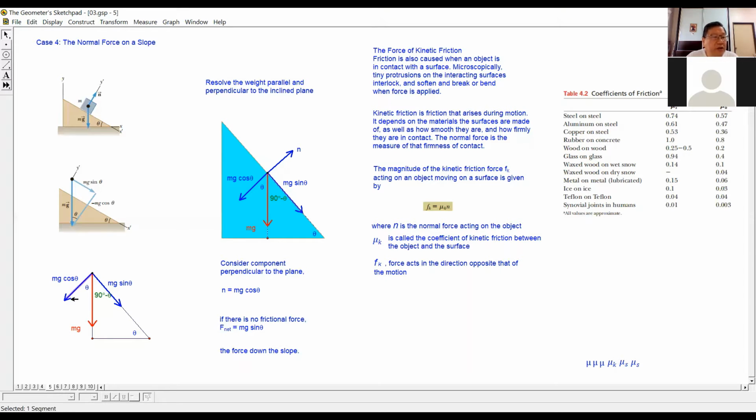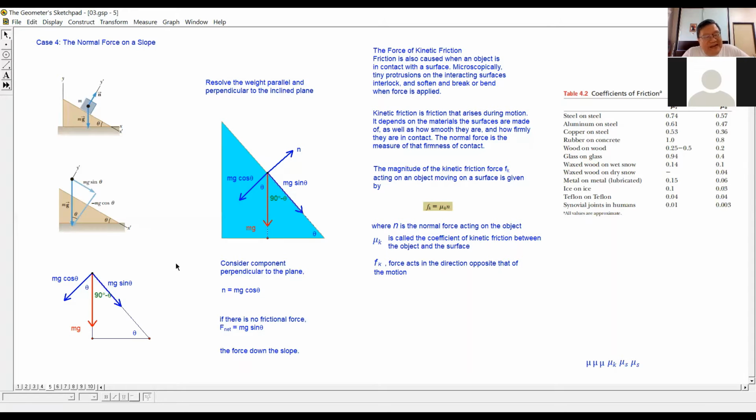So this vertical weight acting downward is split into two components: one parallel to the slope, another perpendicular to the slope. When you split the red arrow into the two blue arrows, the red arrow no longer exists. It's broken down into two blue arrows.